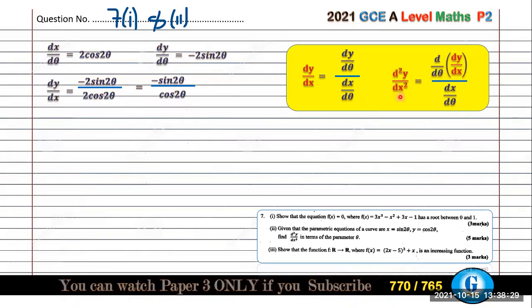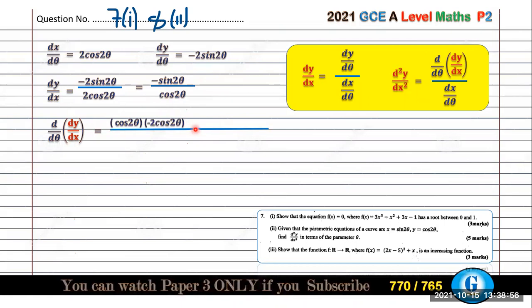Now, what will be d squared y over dx squared? It will be d/d theta of this dy/dx here. So we start by looking for d/d theta of dy/dx. Using the quotient rule, bottom constant, that is cos 2 theta, differentiate the top, we have minus 2 cos 2 theta.